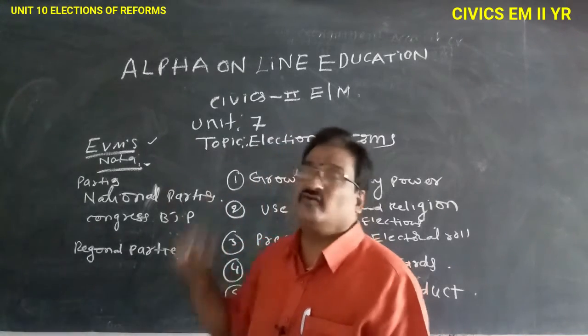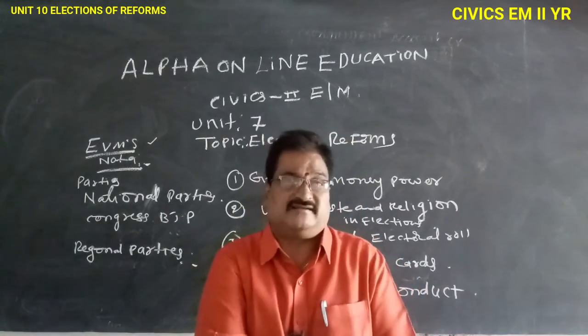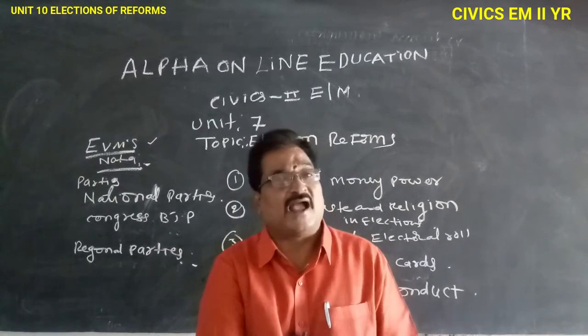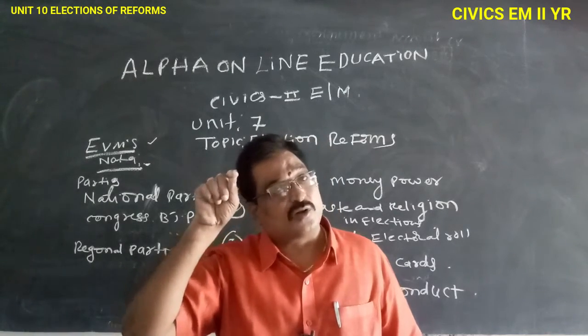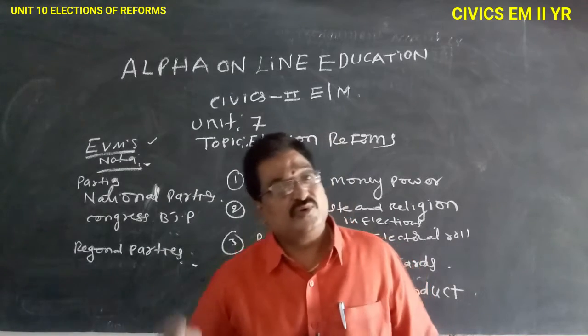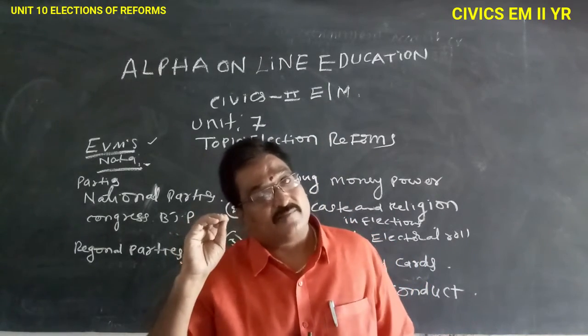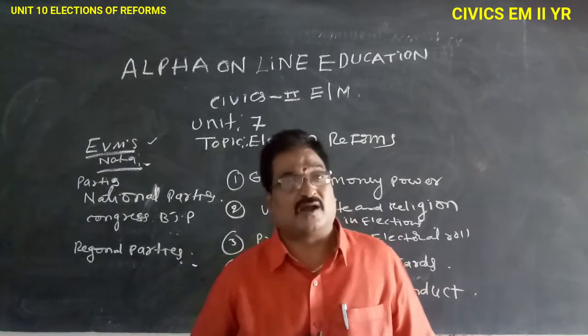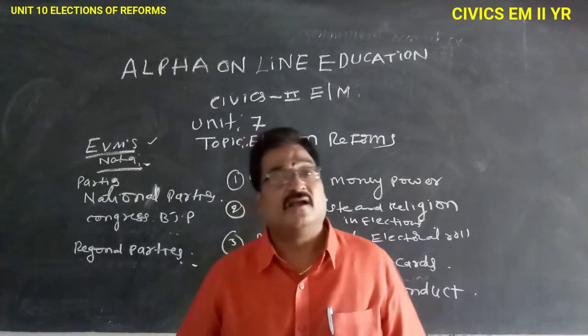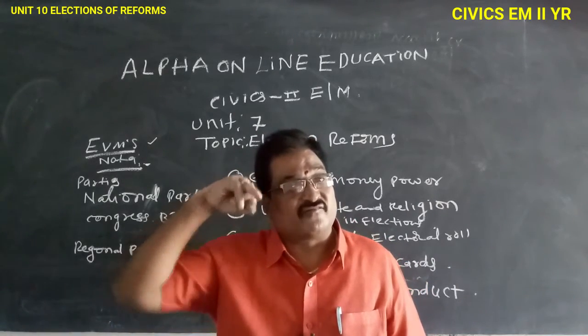And then if you are not interested in any party, at the time you press the NOTA button. If you do not like any party or any candidate, you press the button of NOTA.